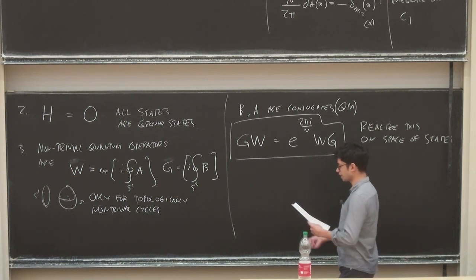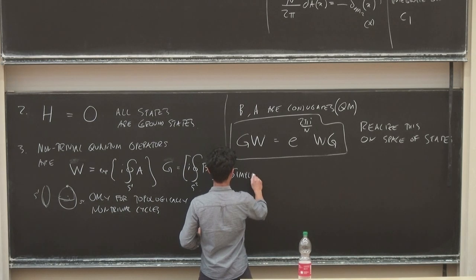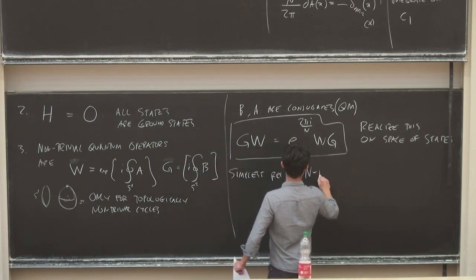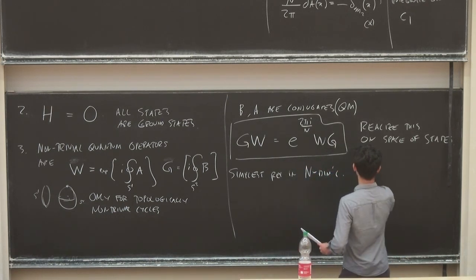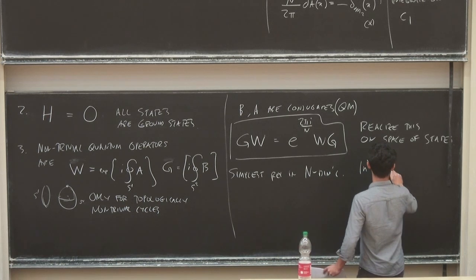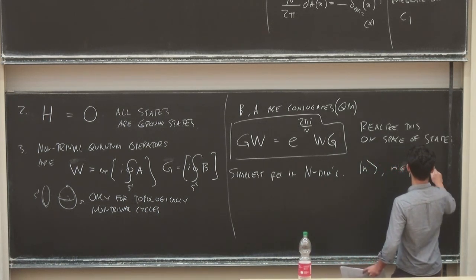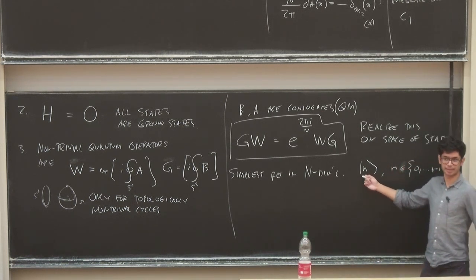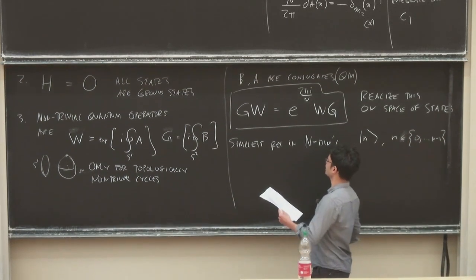So this algebra immediately means that we need to have more than one ground state, and the lowest dimensional representation, the simplest one, is N-dimensional. I will label the states by ket n, where n is in 0 up to N minus 1. So little n is a number that runs from 0 up to capital N minus 1. And the states act in the following way.